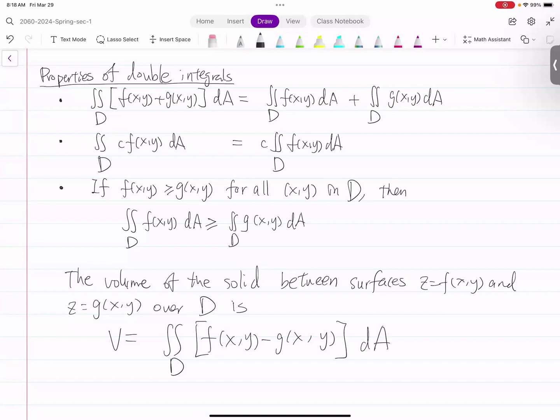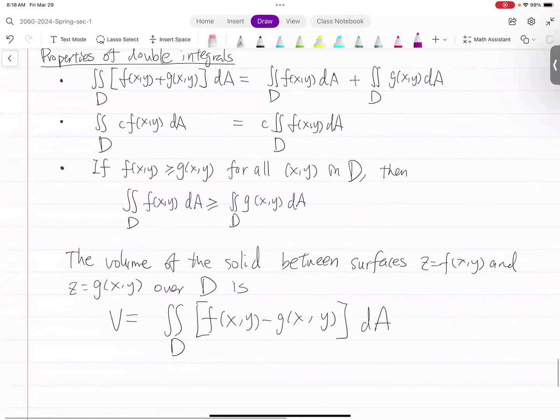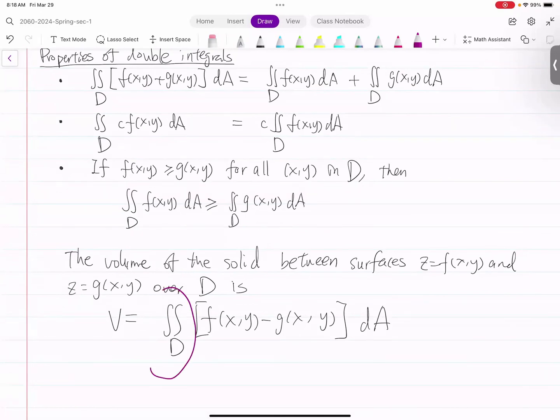So when we try to interpret this double integral, let's say I subdivide the region D as usual into small pieces, and for the heights of the solids that we accumulate, we are using the upper bound minus the lower bound, f minus g.